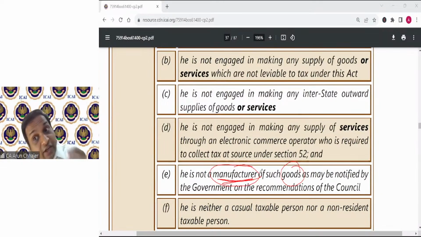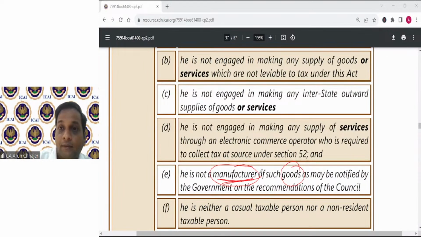If you are manufacturing that item, then there is a problem. Can I do trading? No problem. Suppose I'm trading in pan masala and I opted for composition, no problem. The problem is in the manufacturing of those goods, which will be notified, like pan masala, tobacco, ice cream, aerated water. We will discuss all the goods added under the restriction category.